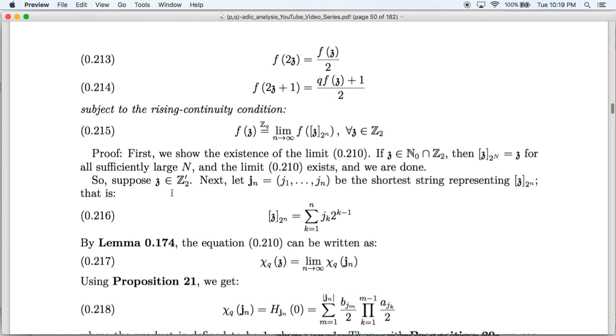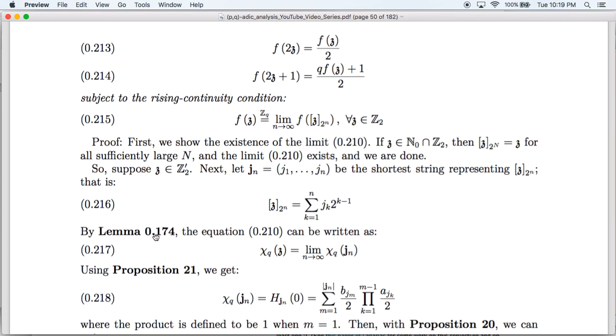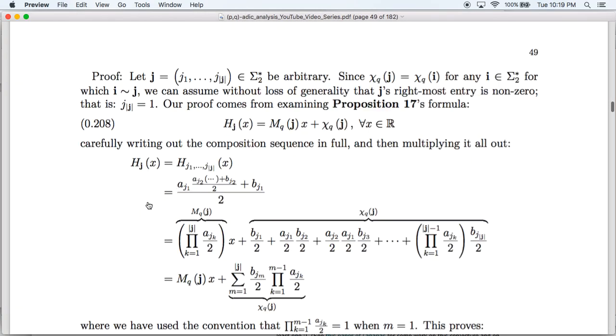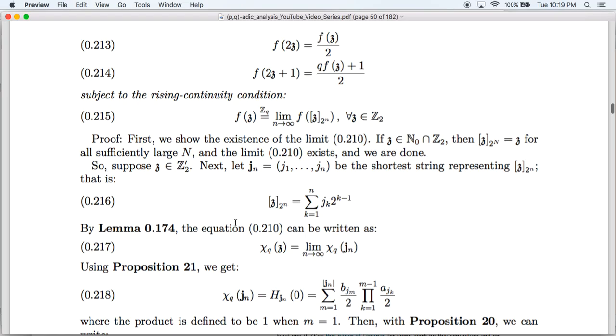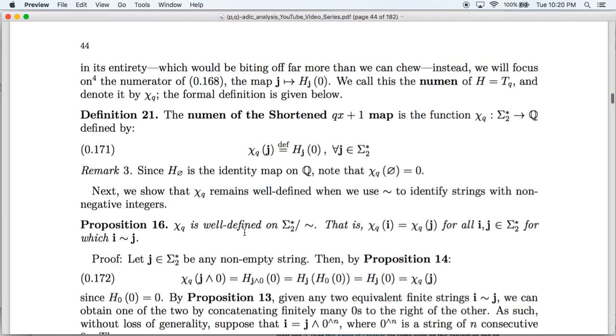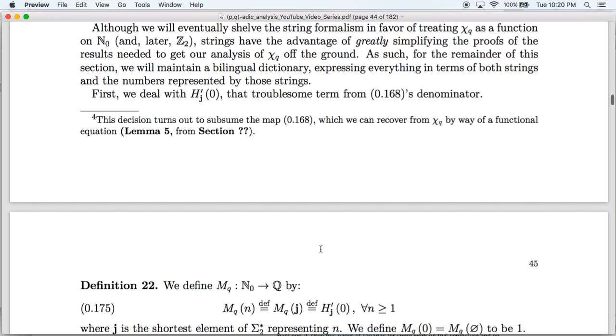So let z be in Z2 prime and let bold Jn be the shortest string representing z mod 2 to the n. That is, z mod 2 to the n is this sum. By our lemma, where is it? I will scroll back. So 174, here. So by this, chi-q of n is equal to chi-q of bold j.